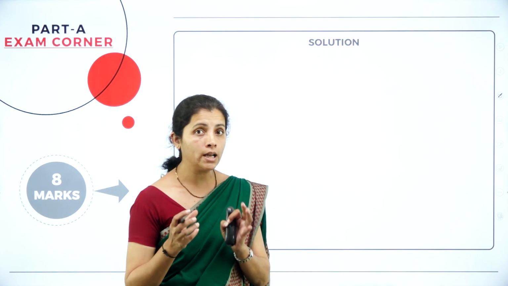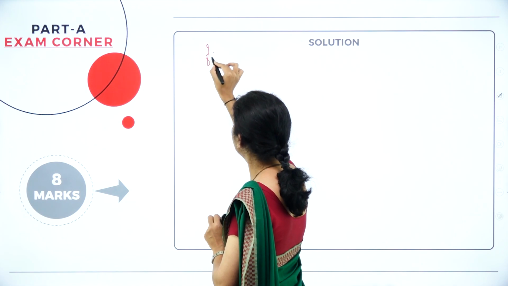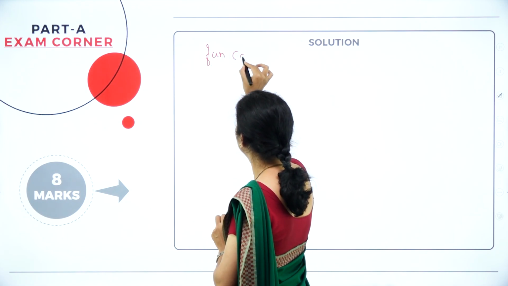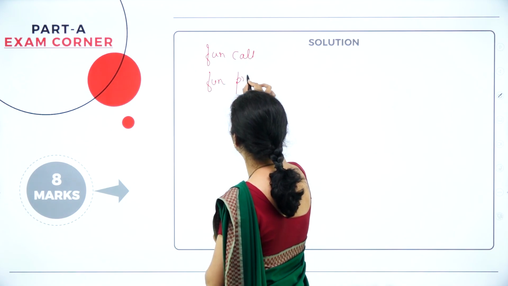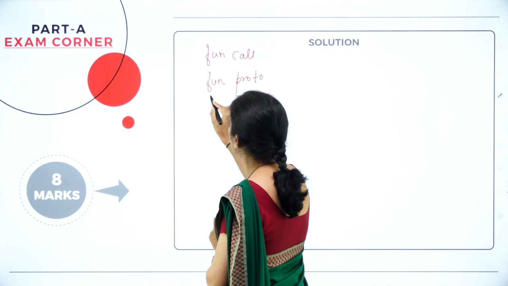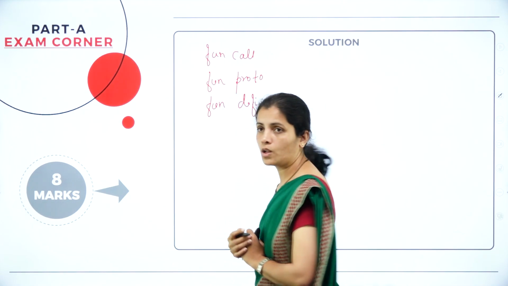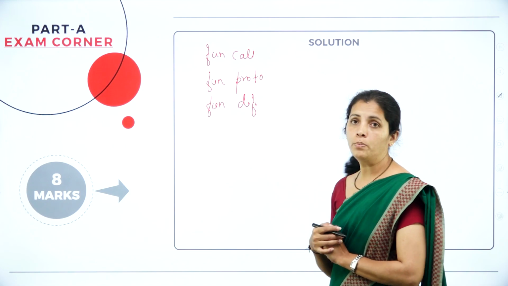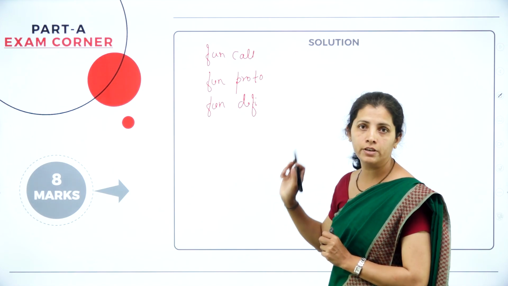And what are the components of a user-defined function? That is function call, function prototype, function definition. So, which are the components? Function call, function prototype and function definition.